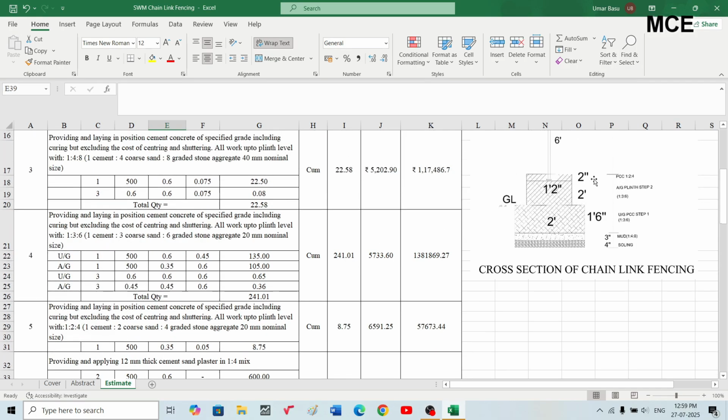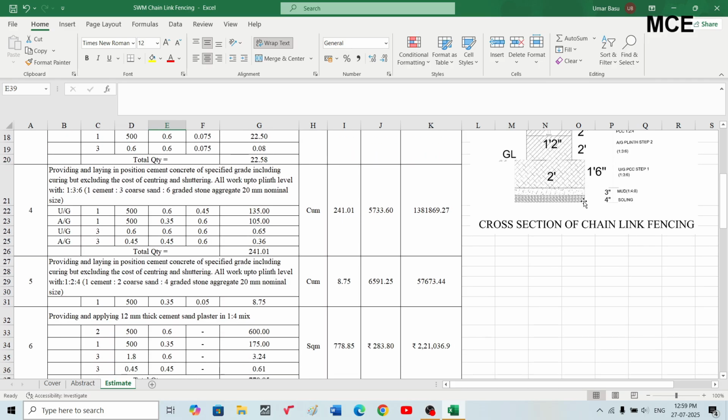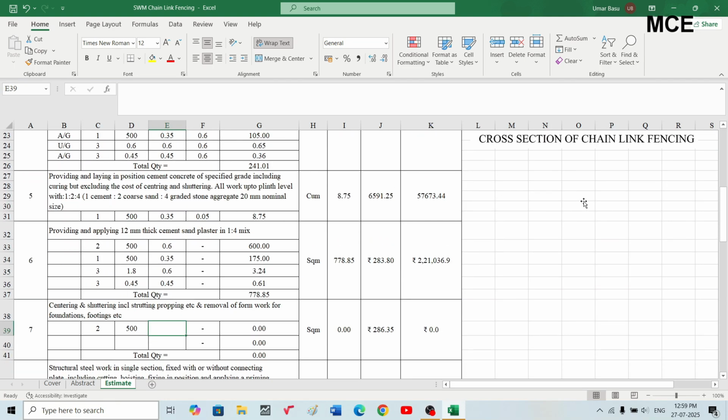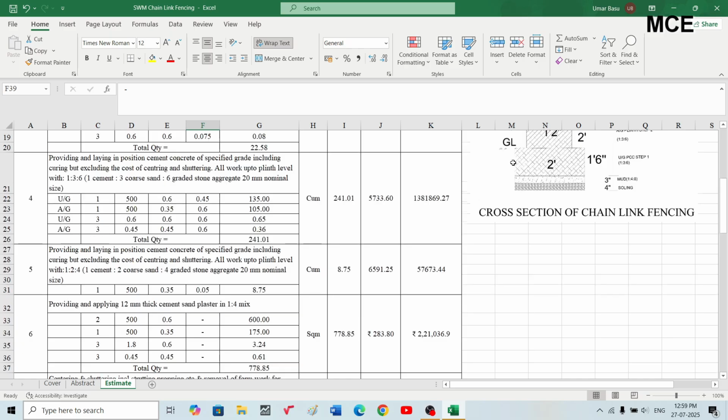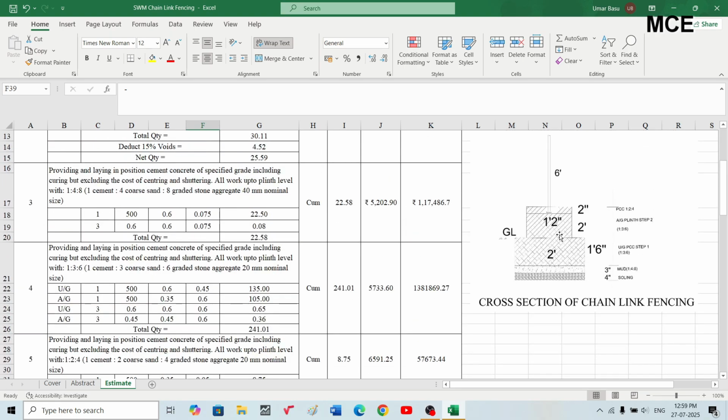So it will be equal to 3 feet and 8 inches will be the total depth of the centering and shuttering, which in meters is equal to 1.11 meter. This was for the boundary plinth.